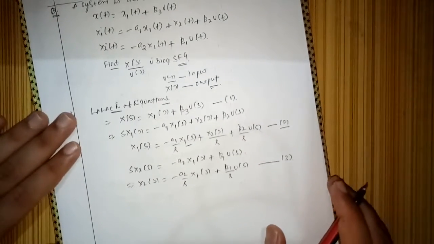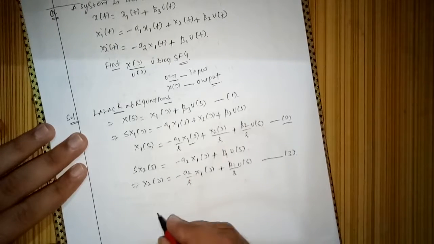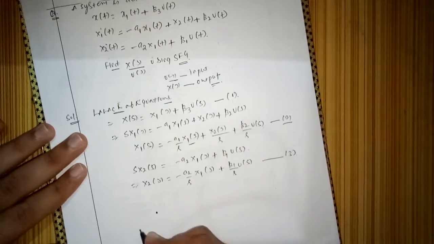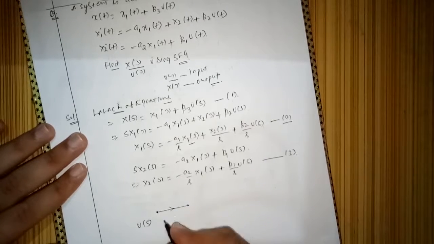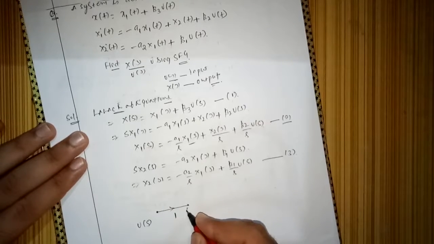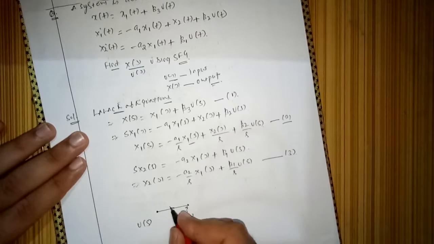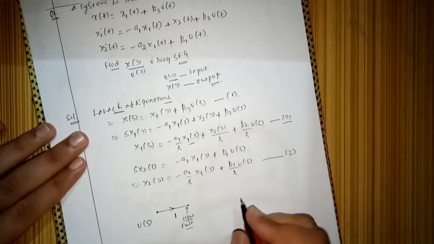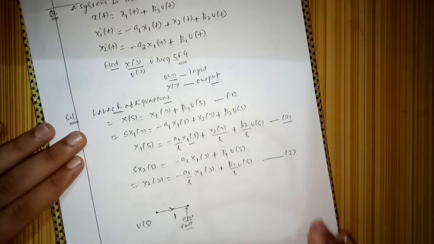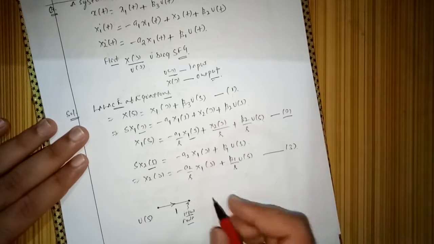Now we have seen U(s) as input, so I represent this node U(s) with unity gain 1. So this is our input node, which is taking input, only one branch with input is coming, right? And here we have two variables x1(s) and x2(s).